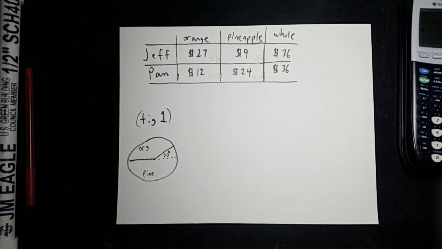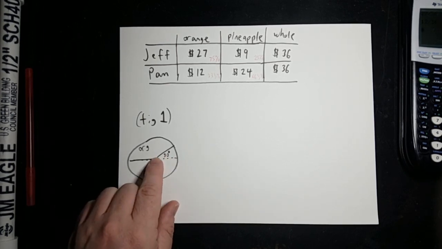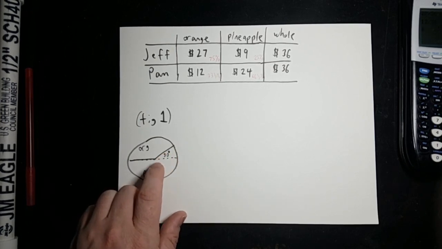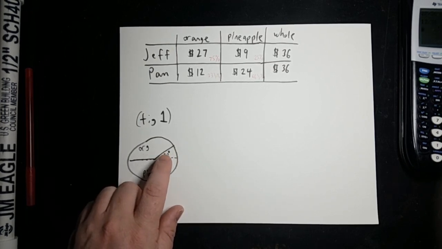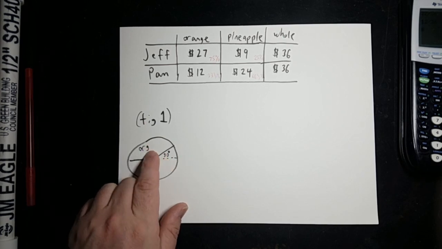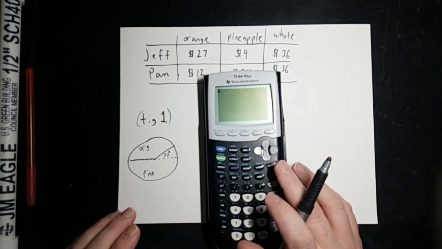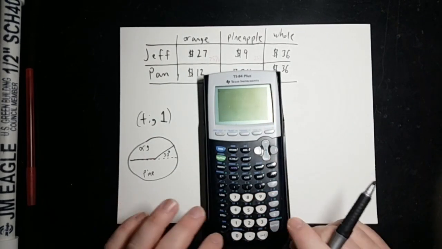Well, Jeff values orange at $27, but he's cutting the orange into 2 shares. He's cutting the orange into a share that is 30 degrees and a share that is 150 degrees. For all of you who remember geometry, a half a circle is 180 degrees.